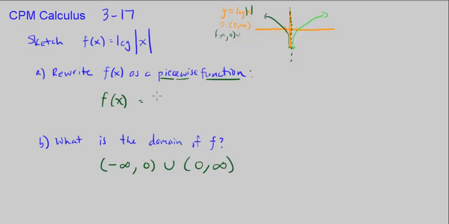So that's basically saying to break it up, and we see on the left our domain goes from -infinity to 0. So we want to define it to be something on the left while x is less than 0, and something else when x is greater than 0.